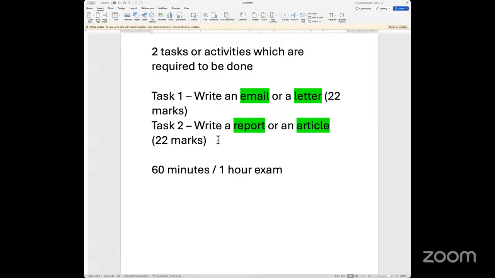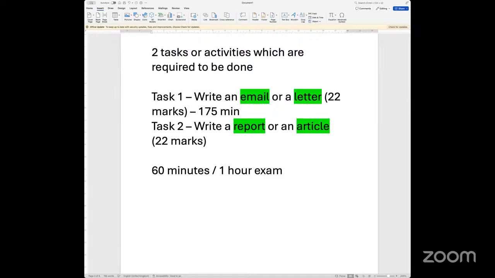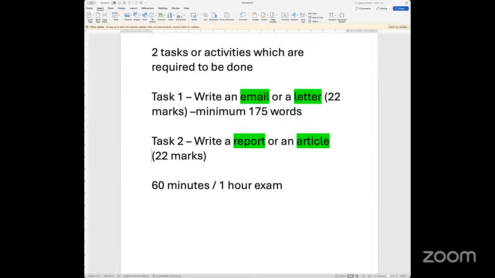And last but not the least, visually what the formats are in terms of writing and doing these tasks and activities. Last but not the least, there will always be a minimum word limit. So minimum 175 words. If I have to write an email or a letter, it'll always be minimum 175 words.